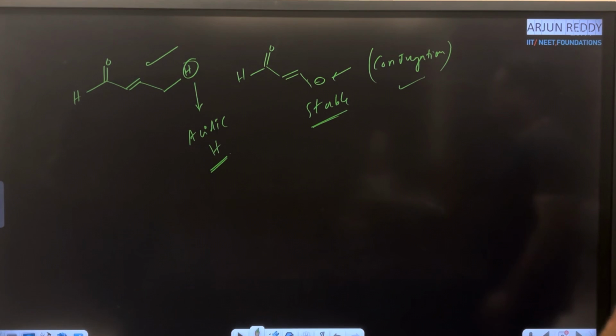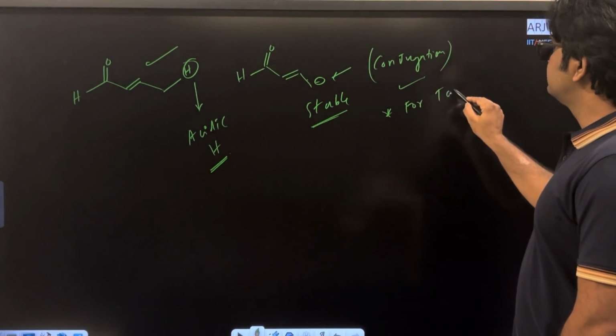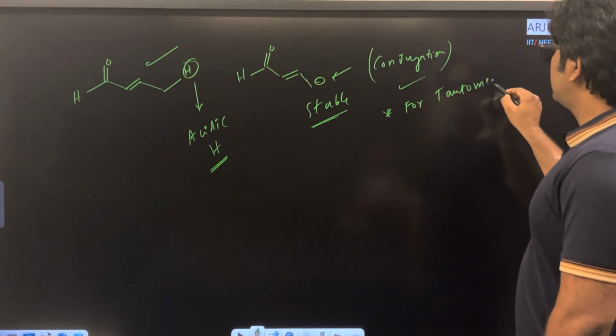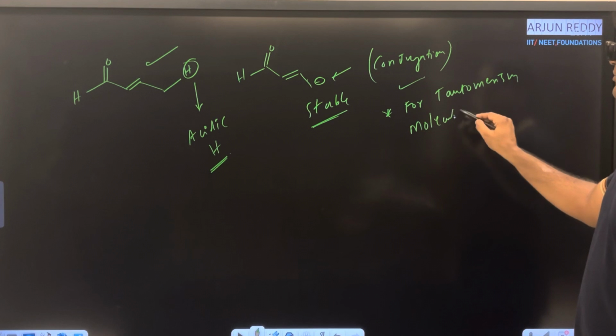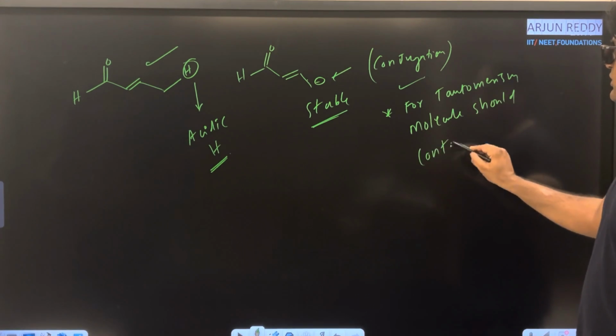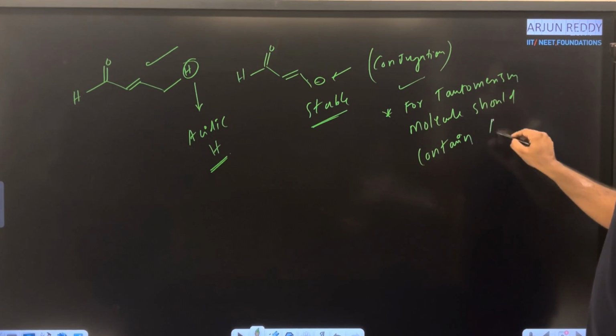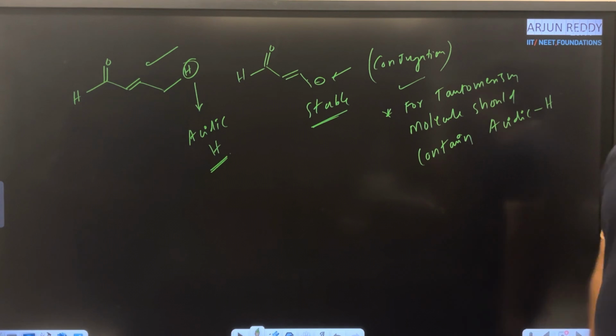So what is the main important condition for tautomerism? For tautomerism, the molecule should contain acidic hydrogen.